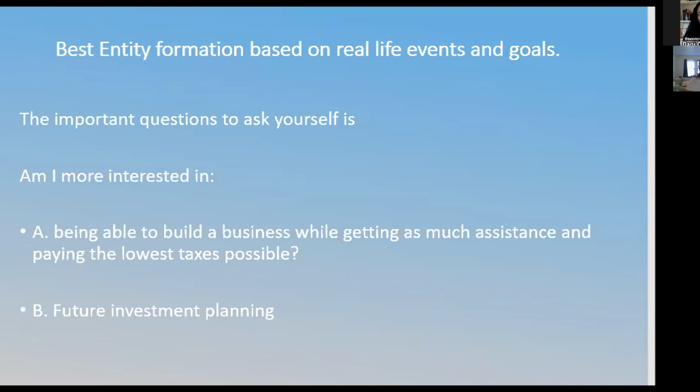Some people want to purchase a house, and let's say you have a corp and you give yourself an income of, let's just say, $50,000 a year, but your corp has a loss. When you try to qualify for a mortgage, the mortgage company is going to go based on your W-2, not the loss of your business.